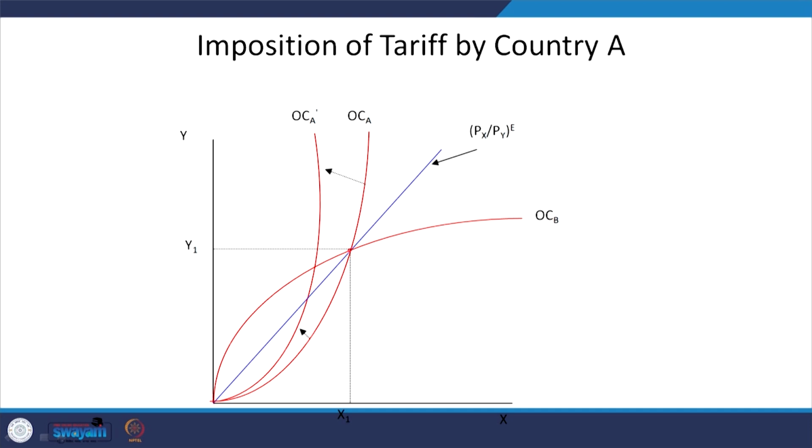You can find this point, which gives another equilibrium point with a new price line Px by Py, where Px is relatively higher than Py.